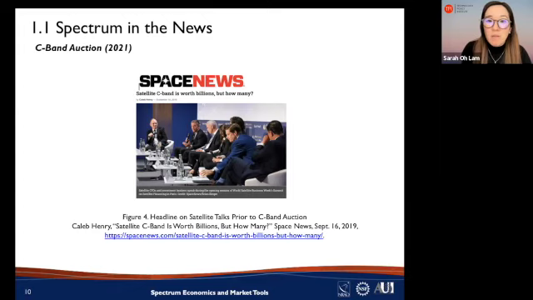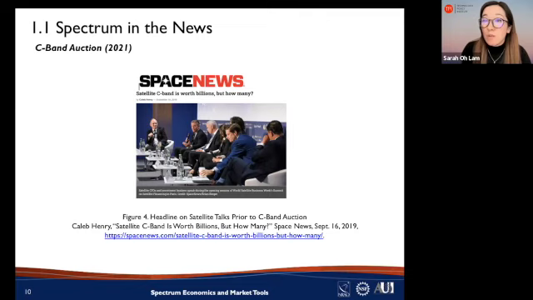And here in this Space News article, the chief financial officers of satellite companies and investment bankers were talking about how they could get value out of their spectrum holdings because they were asked to move out of the C-band to allow for an auction. And so these satellite license owners are thinking about how to get the most compensation for their licenses.